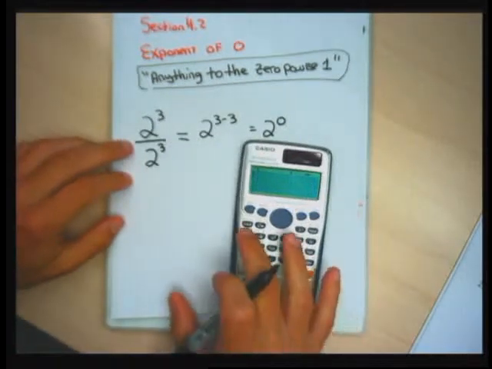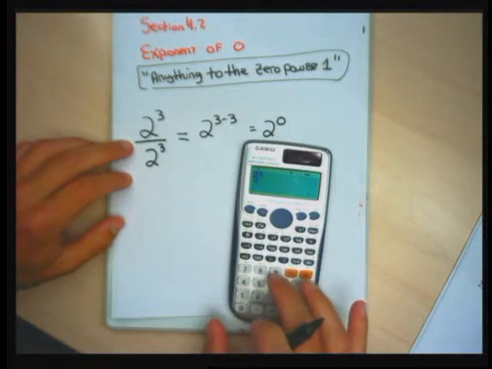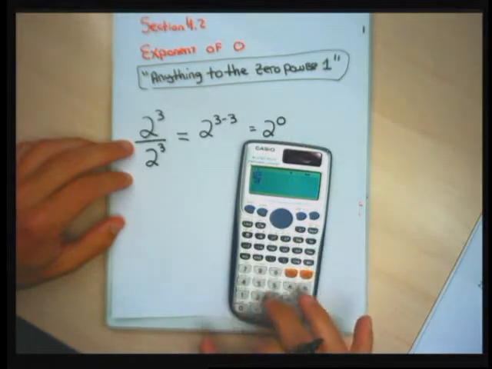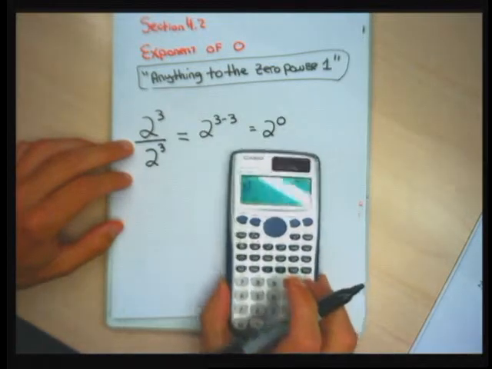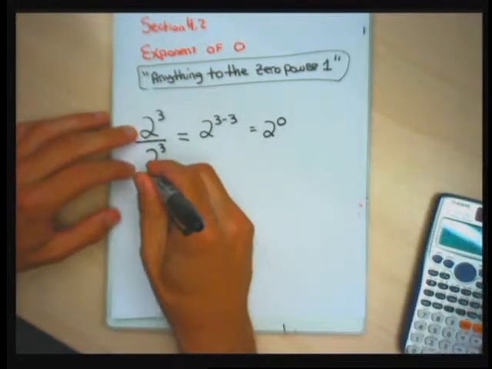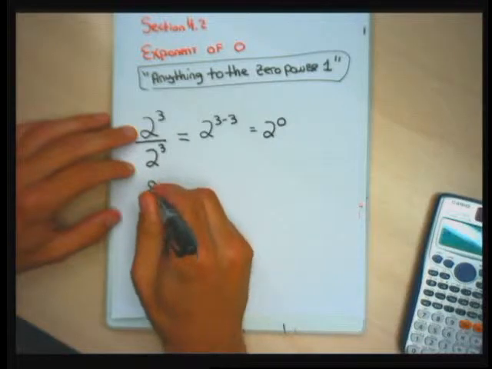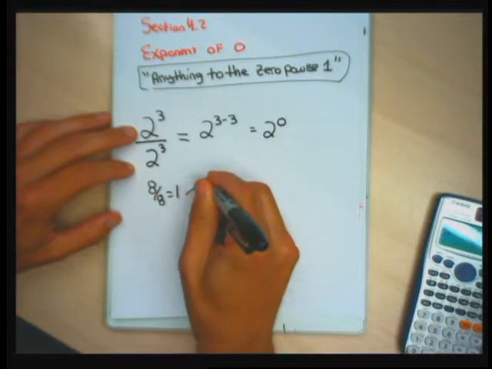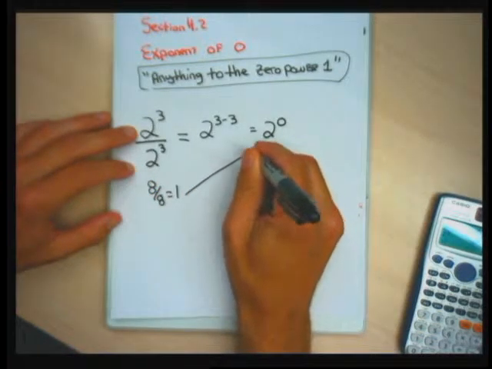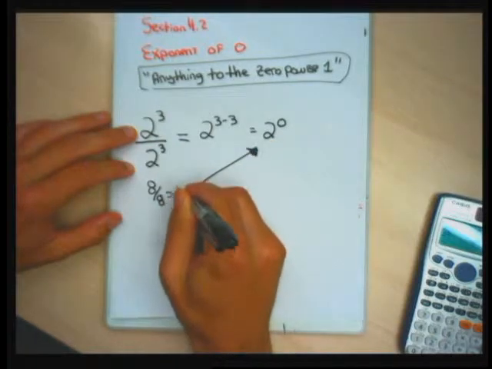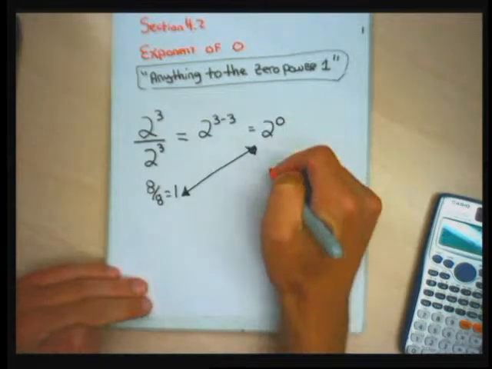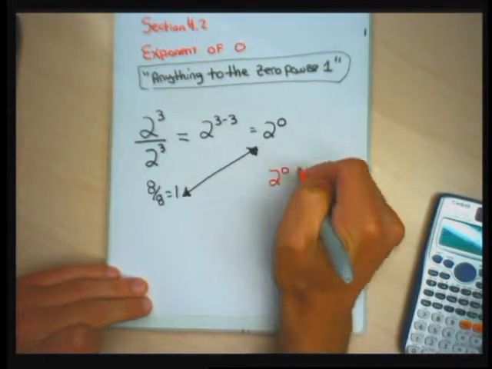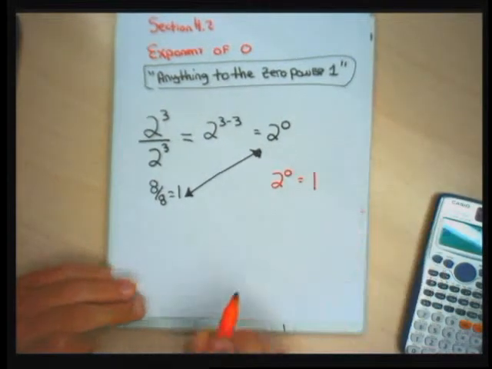But if I did this on my calculator, 2 cubed over 2 cubed, I'd find out that it equals 1. So when I reduce this, I know that this equals 1 because this is 8 over 8, which is 1. And reducing the problems using different techniques, the different techniques have to produce answers that are equal to each other. So this is a way to show that at least 2 to the 0 power is 1.